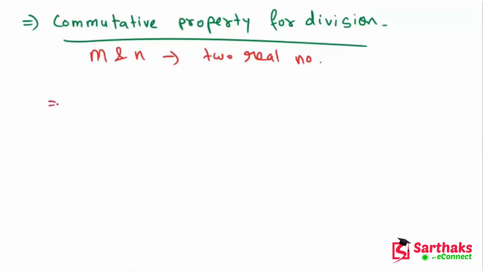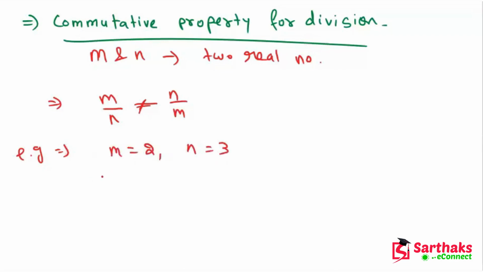Now m upon n is not equal to n upon m. For example, let m equal 2 and n equal 3. Now 2 upon 3 is different from 3 upon 2. So we can say that commutative property is not applied for division.